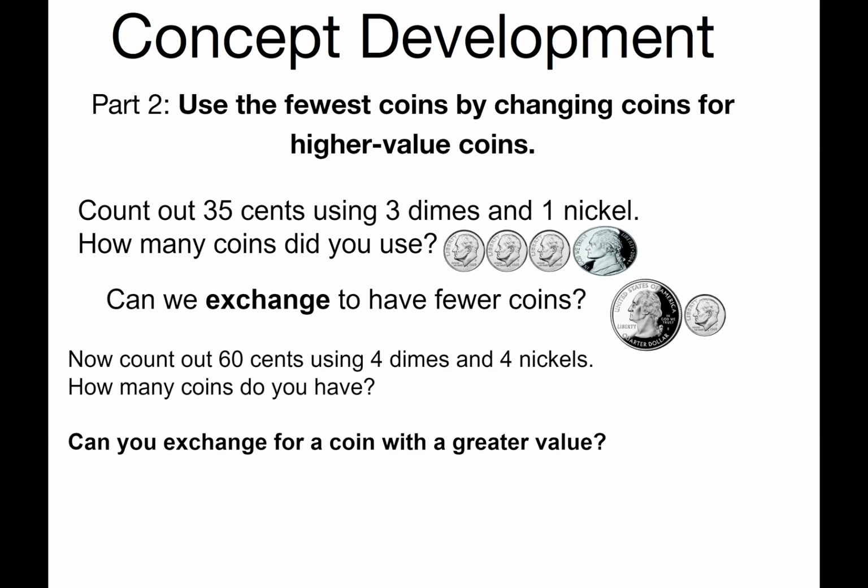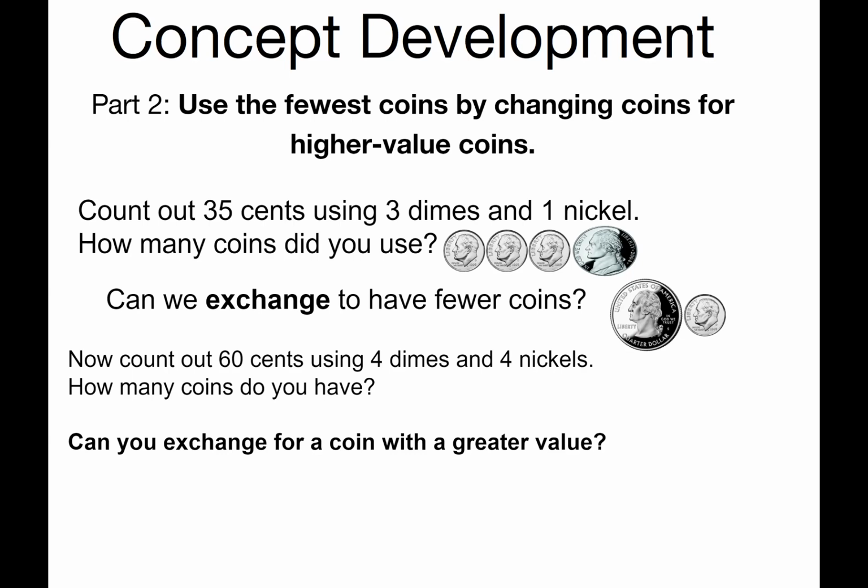Can we look at our dimes and nickels and see? So we know a quarter is worth 25 cents. Can we make 25 cents out of the dimes and nickels? So look at your dimes and your nickels, and can we put coins together to make 25 cents? Yes, we can take 2 dimes and 1 nickel out of our 8 coins, and we know that that's 25 cents.